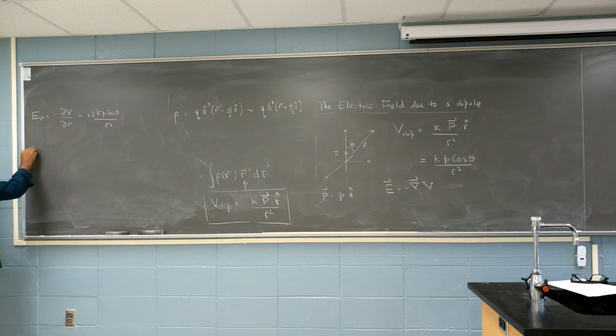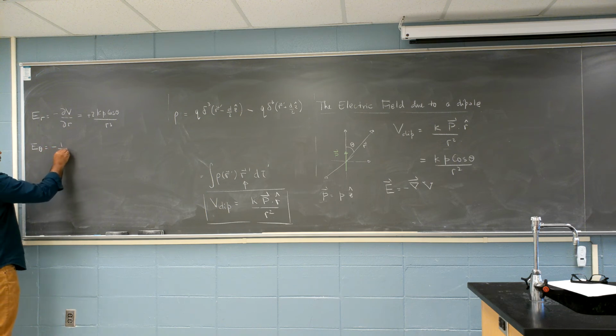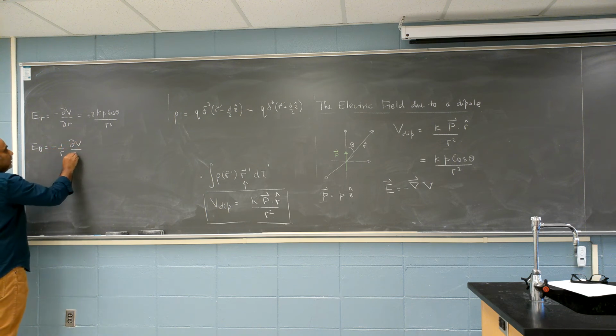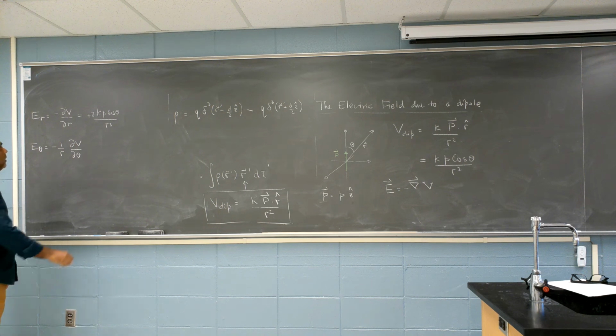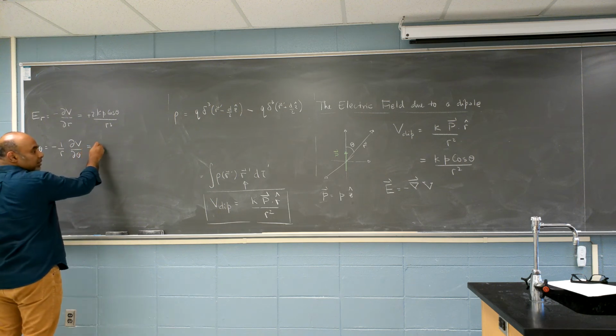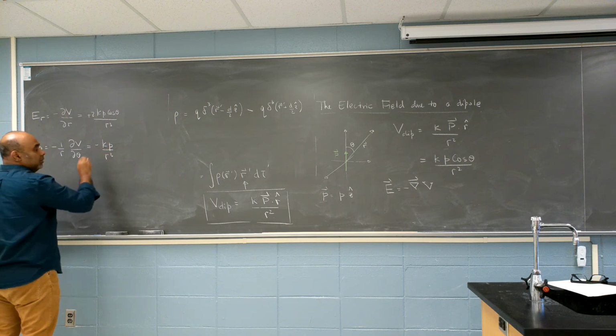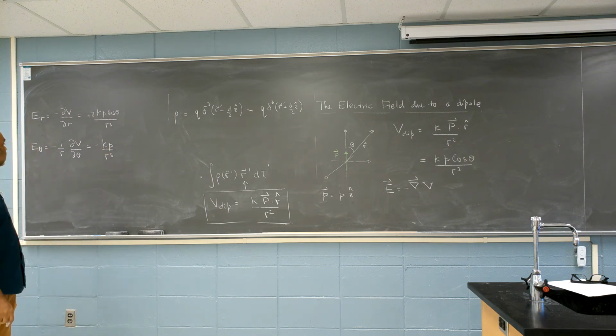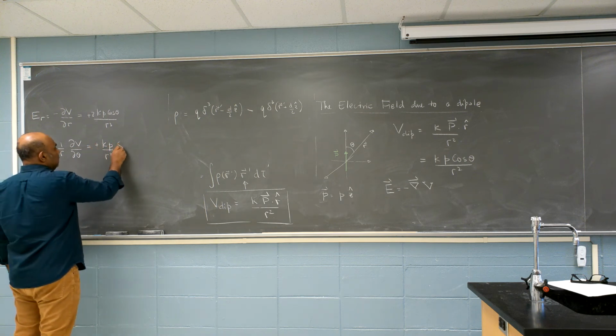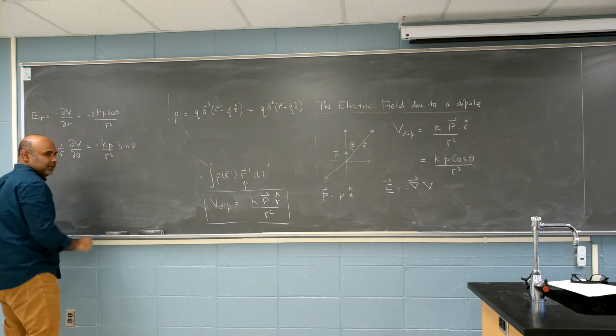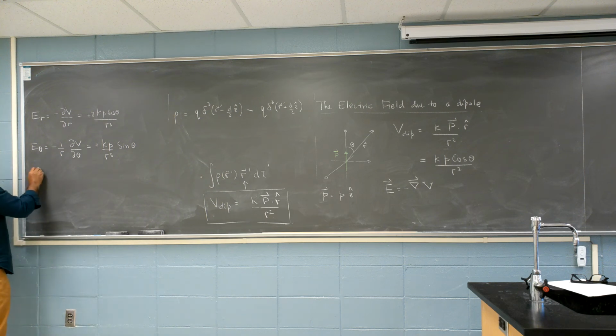Okay. And E theta is, what did you say it was? 1 over R and then partial, 1 over R dV d theta. So that is minus Kp over R cubed. Derivative of cosine is what? Negative sine theta.